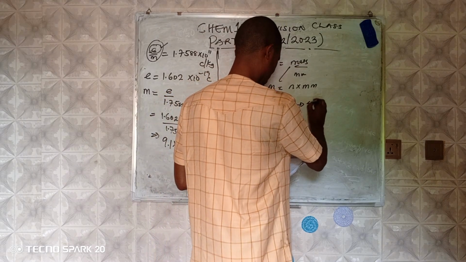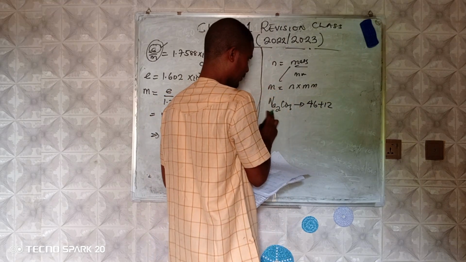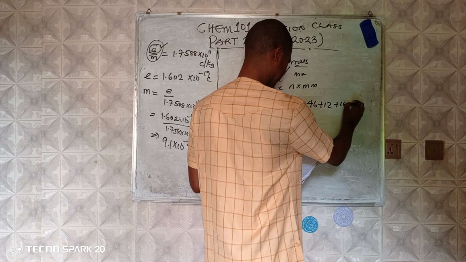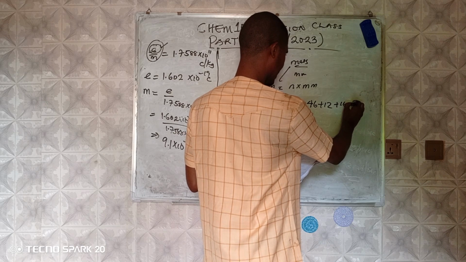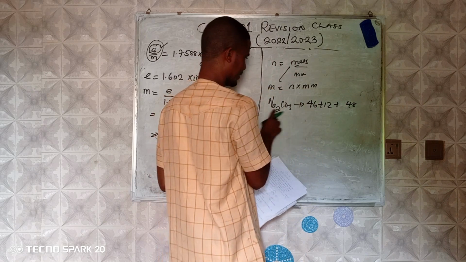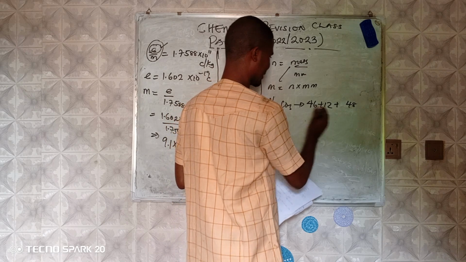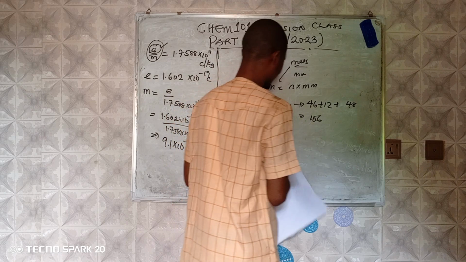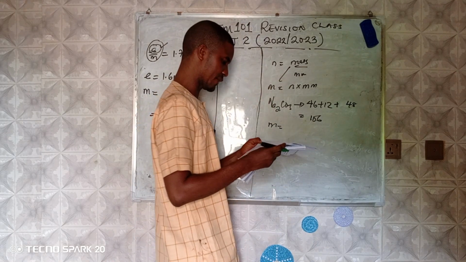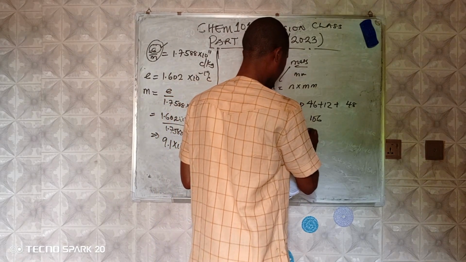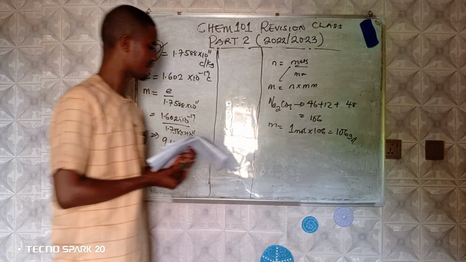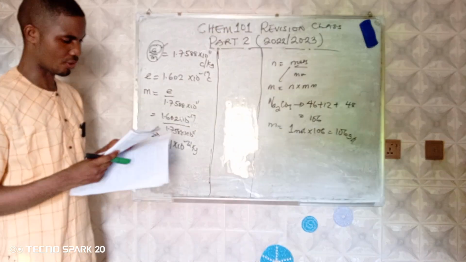Its molar mass will become 46 plus 12 plus 16 times 3, which is 48. 46 plus 12 plus 48 gives 106. So m becomes 1 mole times 106, and that will give me 106 gram. That is option B.